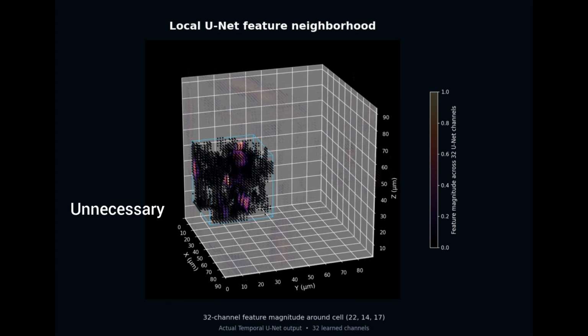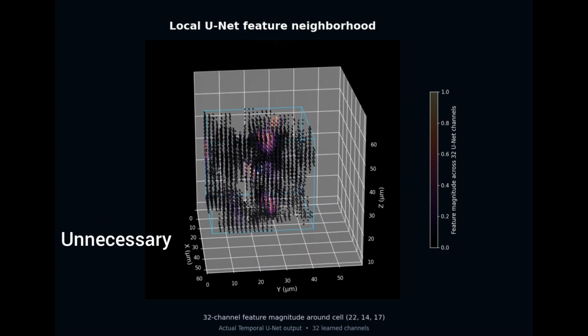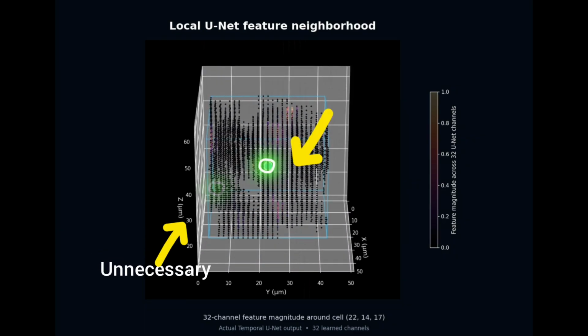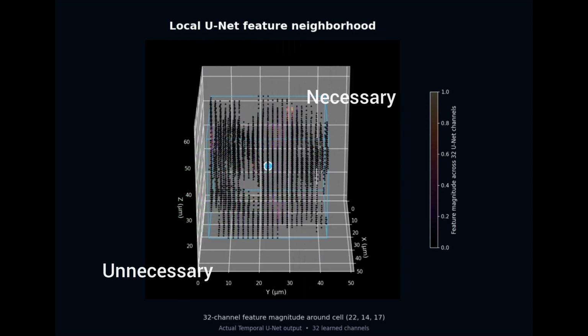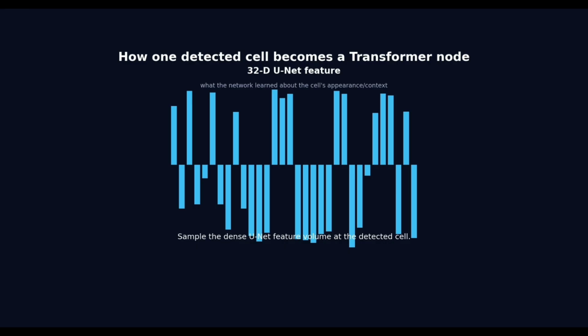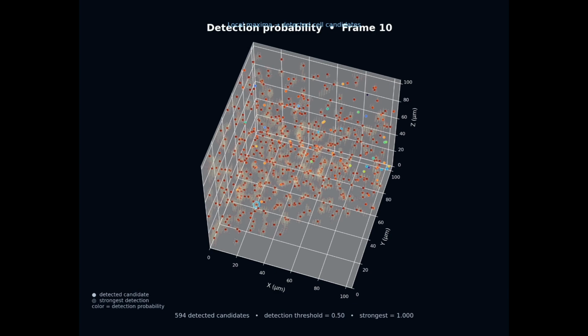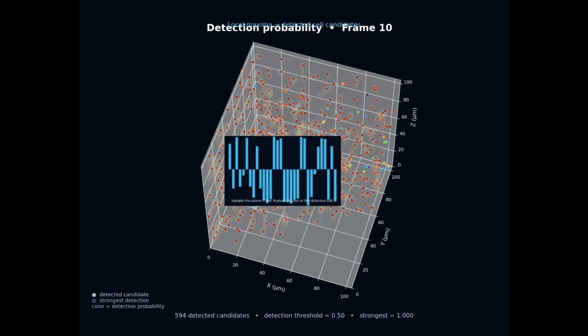And the UNet feature is 32 dimensions of what the model thinks are features around that cell coordinate. So for that, we detect each cell and sample the UNet feature map at that precise location. It's like putting a pin on a cell and asking what is important around this point, all right?